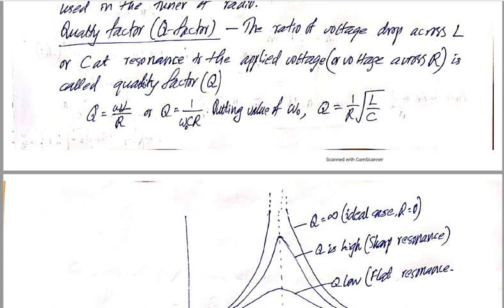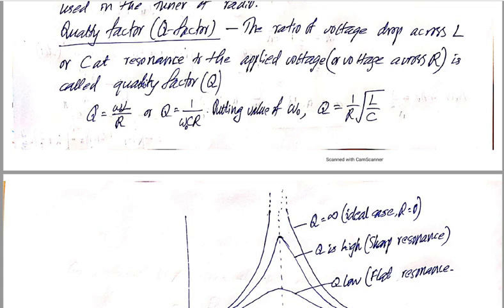Quality factor is defined as the ratio of the voltage drop across the inductor or capacitor at resonance to the applied voltage. At resonance, the applied voltage will be equal to the voltage across the resistor, because the voltages across the capacitor and inductor are equal and have a phase difference of 180 degrees, so they cancel each other.